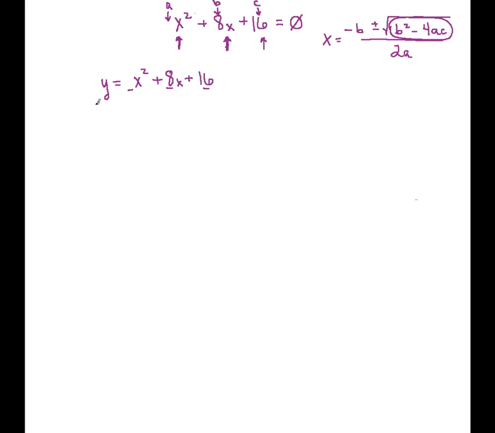So when we are asked to graph a parabola or a quadratic function, usually what they want us to do is find the vertex, find the x-intercepts, the places where it crosses the x-axis, find the y-intercept where it crosses the y-axis, notice whether it opens up or down, and note the axis of symmetry.